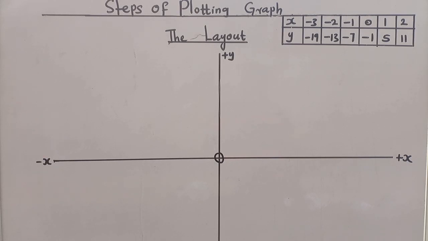But it is important to note that sometimes we have tables that make it possible for us to use only 2 out of these 4 subaxes. If I say 4 subaxes, I mean the plus y, the minus y, the plus x, and minus x.